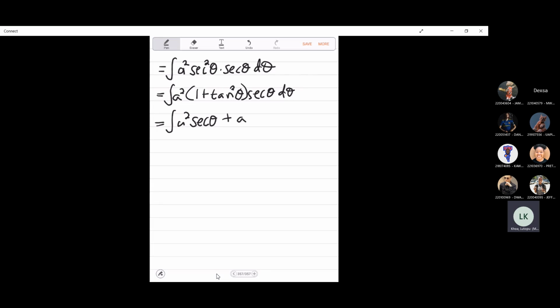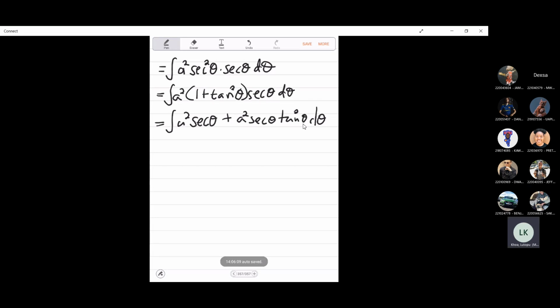a squared sec theta plus a squared sec theta tan squared theta d theta. So here to integrate this one, we have to use integration by parts. Integrating this one, we know how to do it. That's just ln of sec theta plus tan theta, and then here we use by parts.